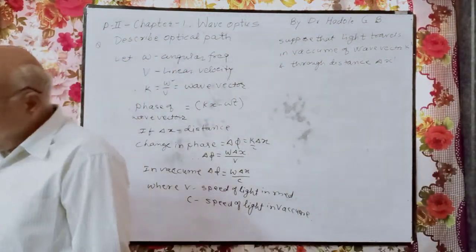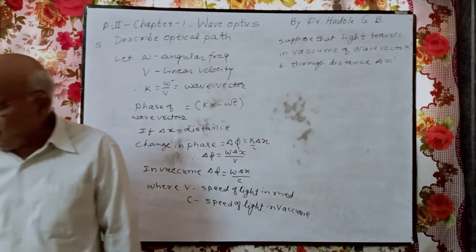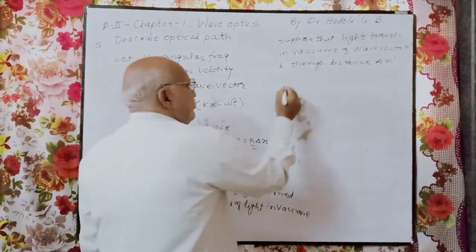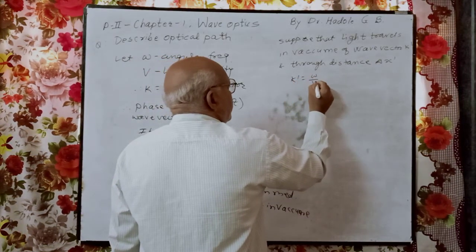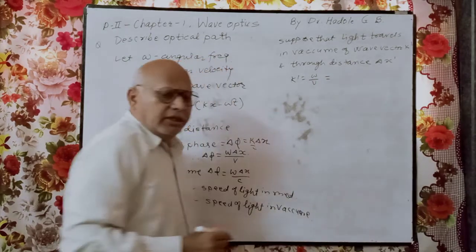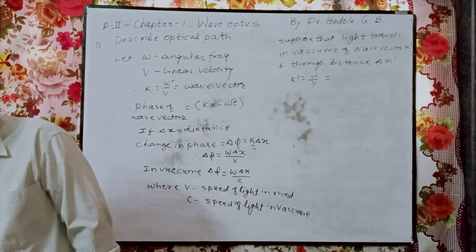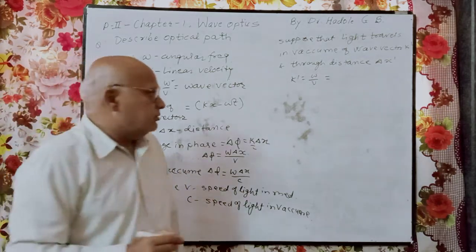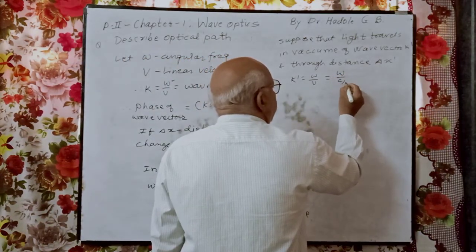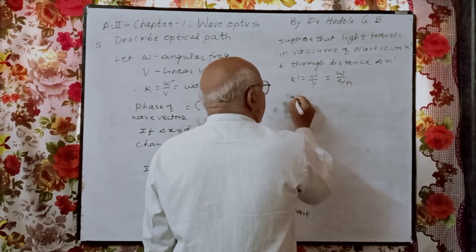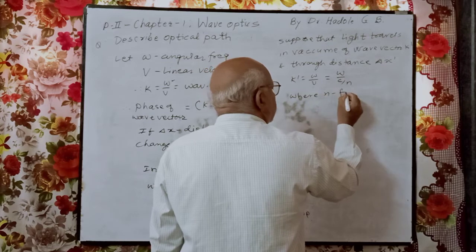From this information we can write k dash equal to omega upon v, which is equal to omega upon c by n, where n is the refractive index.